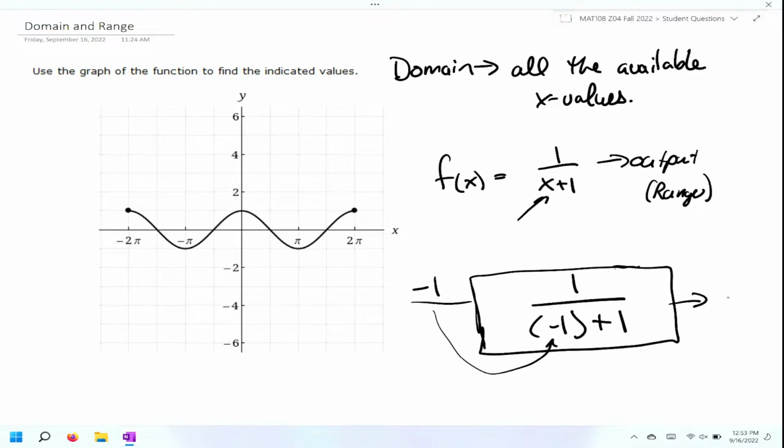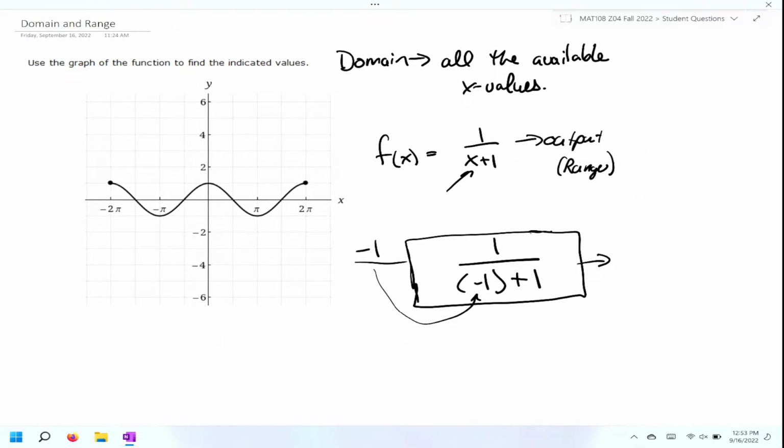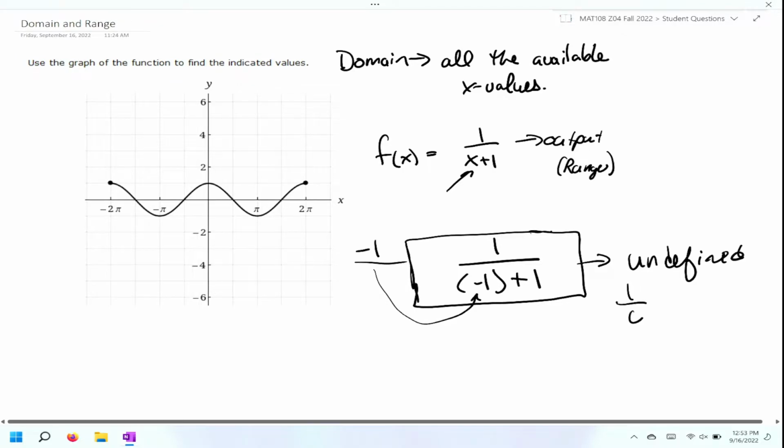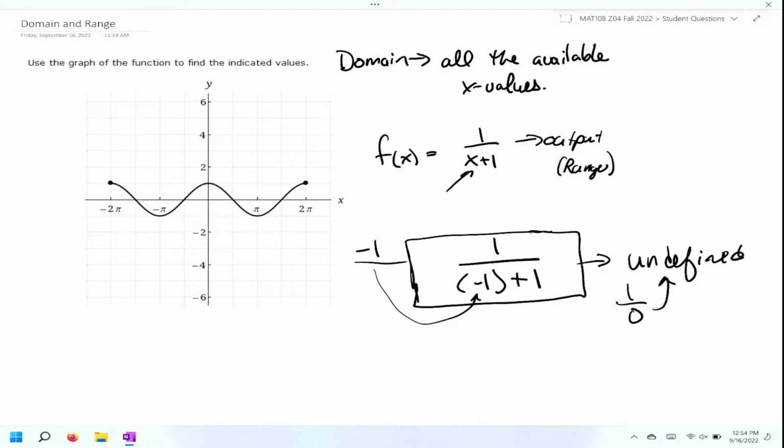And then your calculator is going to say undefined, all right? And the reason for that is -1 plus 1 is actually 0, and 1 divided by 0 is undefined. So domain will be all of the available x values that you can use, all right?